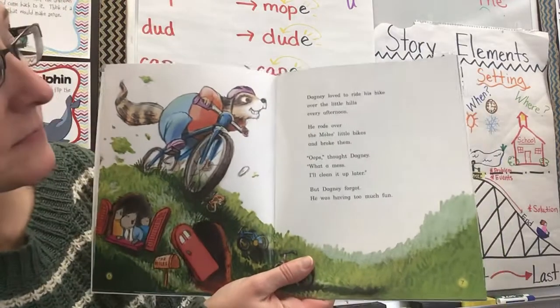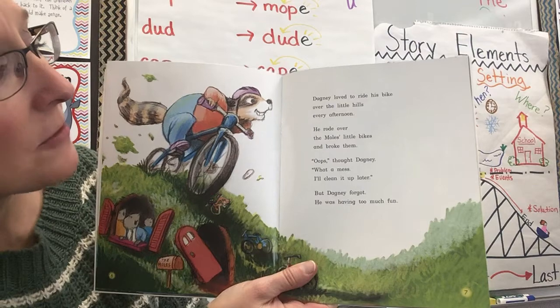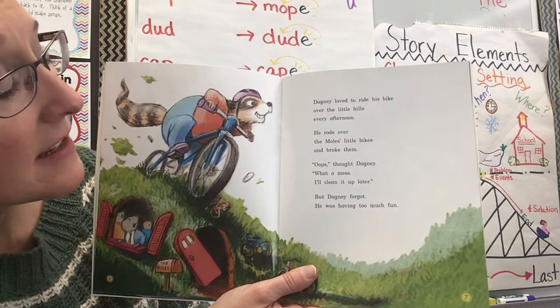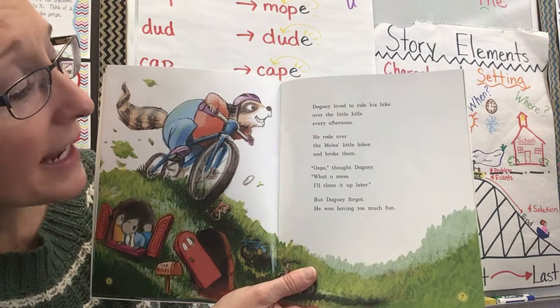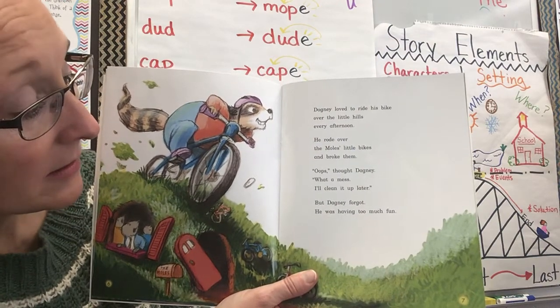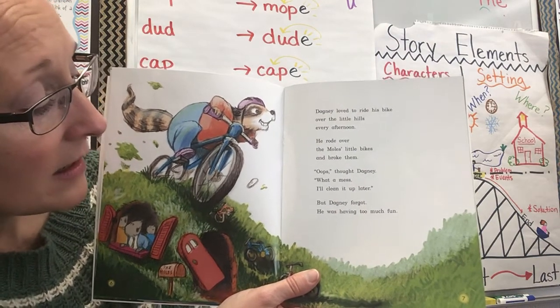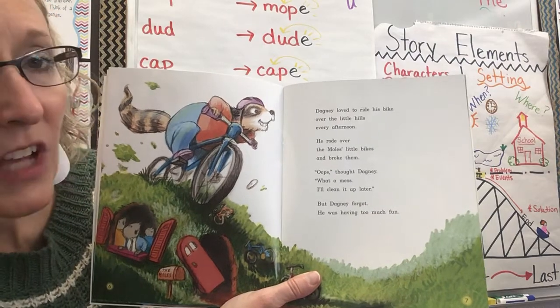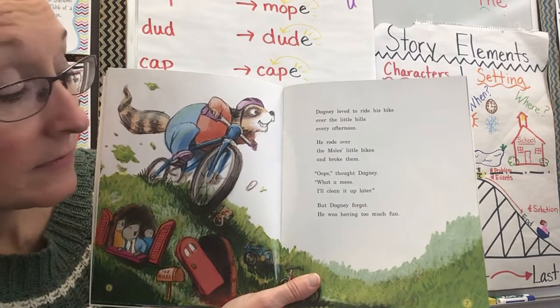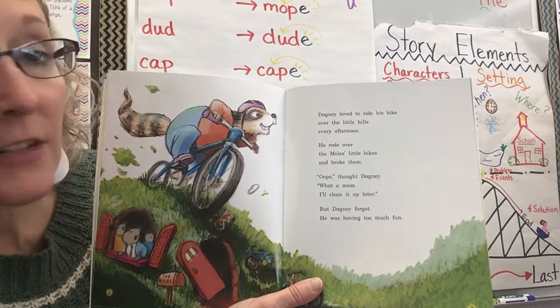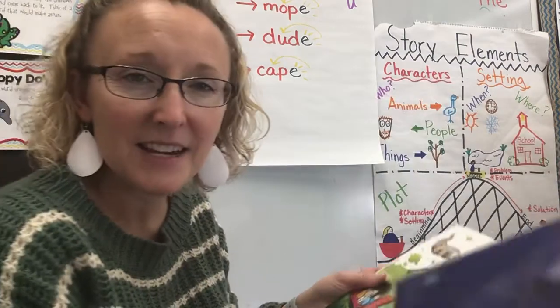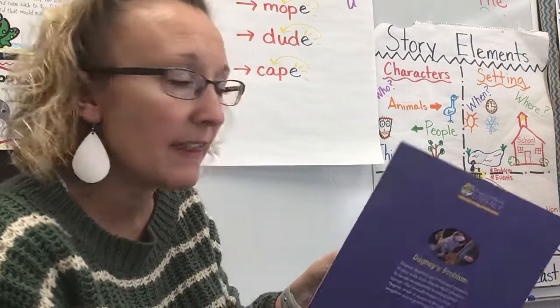Here we go. Dagny loved to ride his bike over the little hills every afternoon. He rode over the mole's little bikes and broke them. Oops, thought Dagny, what a mess. I'll clean it up later. But Dagny forgot. He was having too much fun. You kind of see a pattern too, how it repeats itself at the end every time.